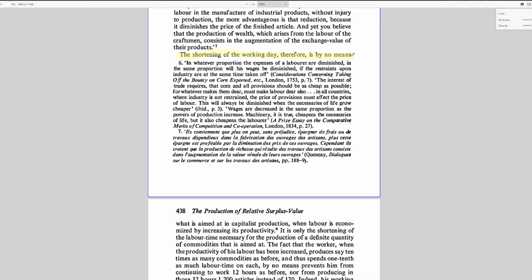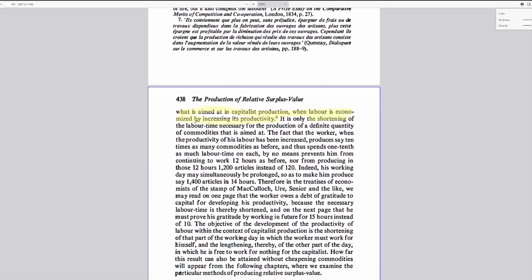because Marx, I guess, just has to address this to be a completionist, cover his bases, but it shouldn't be that surprising to us that the shortening of the working day is by no means what is aimed at in capitalist production, when labor is economized by increasing productivity. It is only the shortening of the labor time necessary for the production of a definite quantity of commodities on hand that is aimed at.